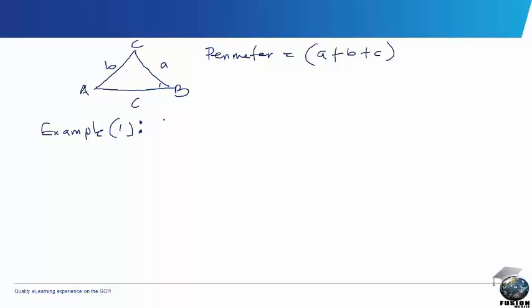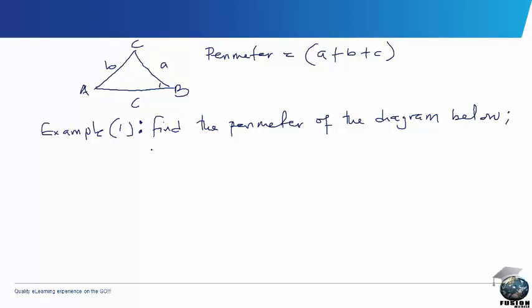Alright, example 1: find the perimeter of the diagram below. We have a diagram with the shape of an E.